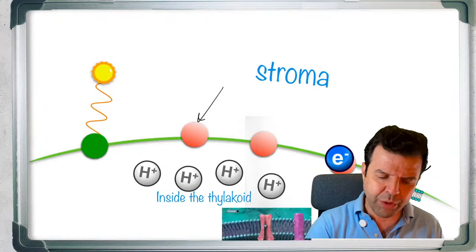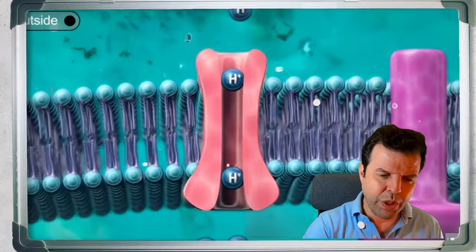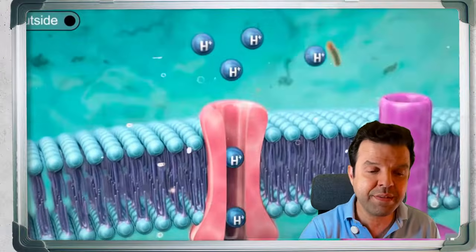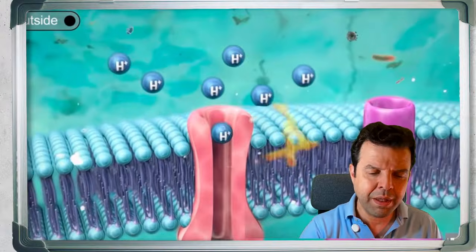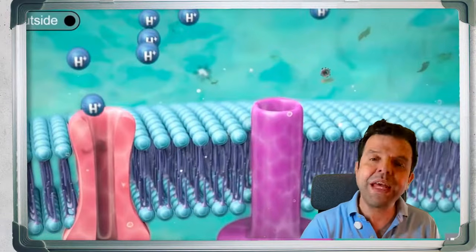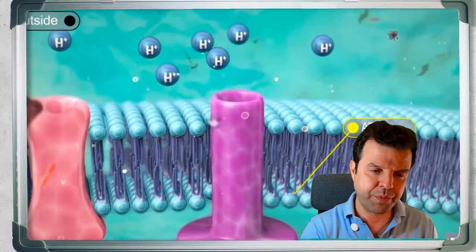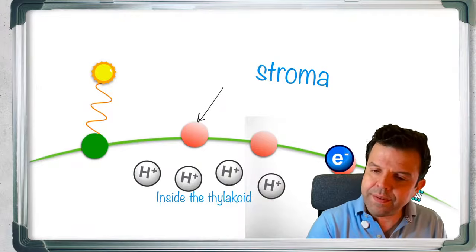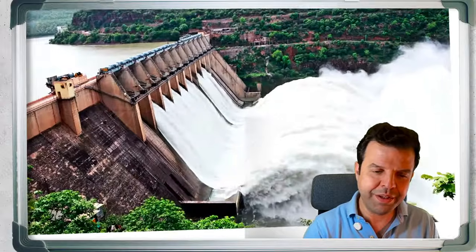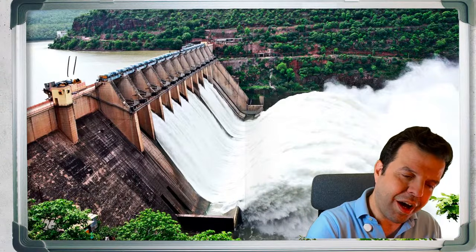Okay, again, let me show you how this is happening. Here you go. We're pumping hydrogen ions into the thylakoid space like this. How are we doing this? We're using the energy from the electrons moving through that thylakoid membrane. This is so much like this dam here. What do I have here? These are my hydrogen ions.